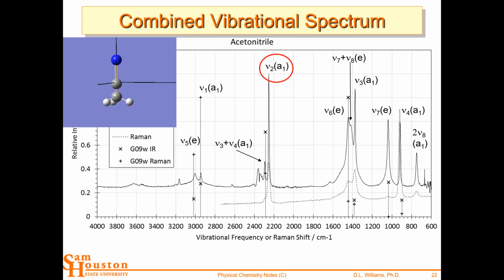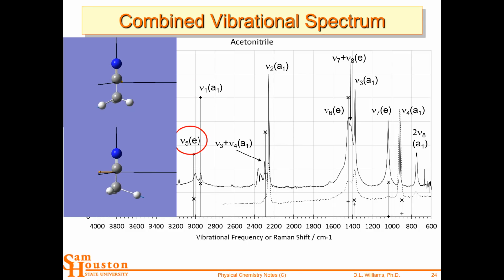Then you have the nitrile stretch, the triple bond stretch. You're moving a nitrogen and a carbon, pretty light atoms, and you've got a triple bond, a tight spring. So that's at 2200 wave numbers. Then we get into the CH stretches. We have the symmetric stretch and the asymmetric stretch. So that's all 12 motions for this molecule.